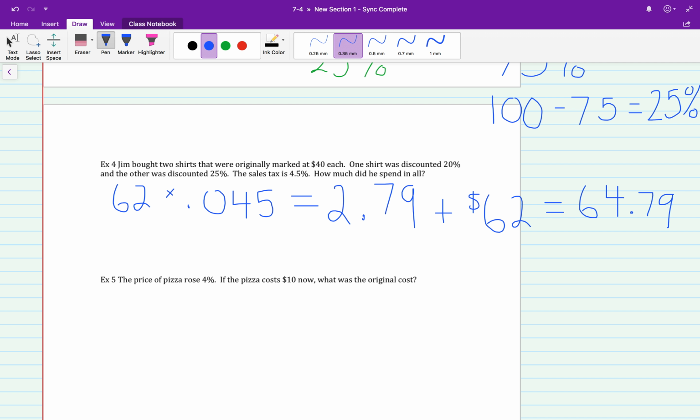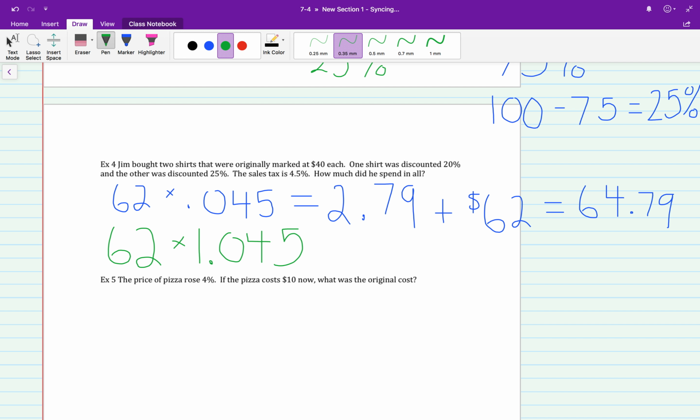I'm going to do it a shorter way though, because here I had to multiply and then add. Well, 100% of $62 is $62. That means the whole thing. So I'm going to say, all right, I have to pay the whole cost of all the shirts, so that's 1, plus the sales tax.